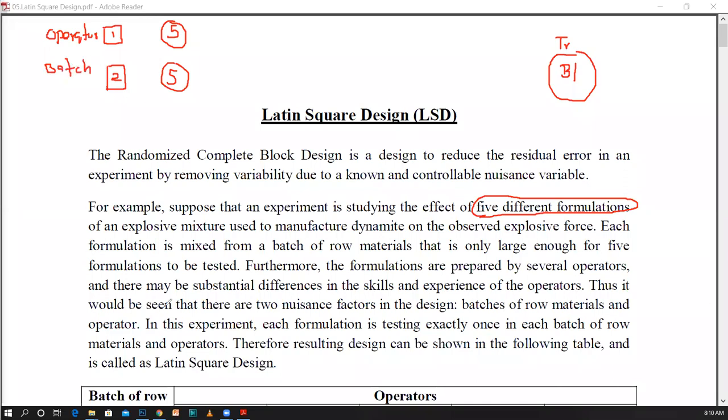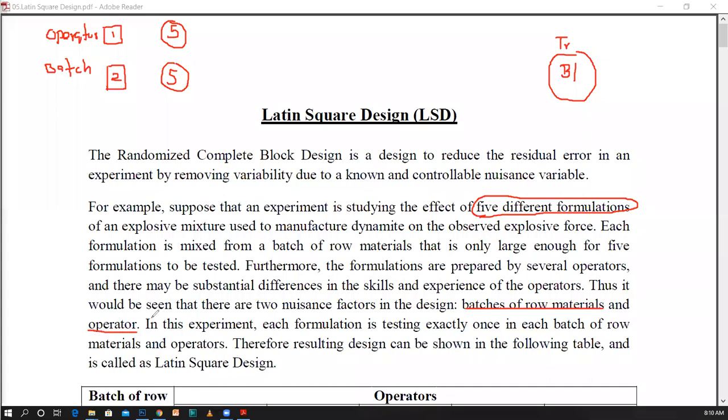In this case, since we just need to know the effect of the formulation, we can consider operator and batch as two nuisance factors. Therefore, there are two nuisance factors in the design: the batches of raw materials and the operator.